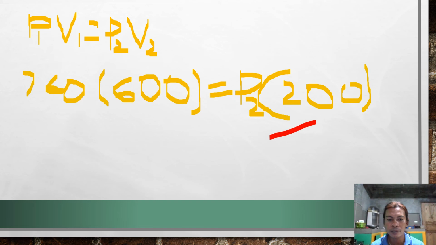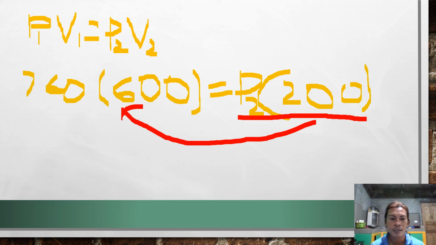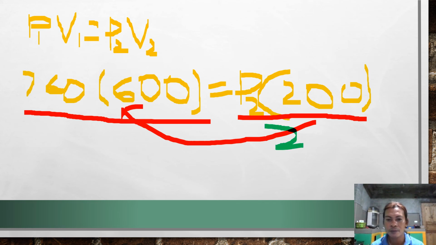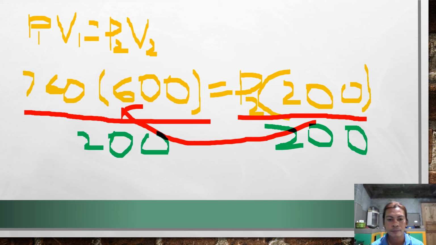To get the value of P2, we will divide both sides by 200. So this will become 200 divided by 200, which will cancel out.